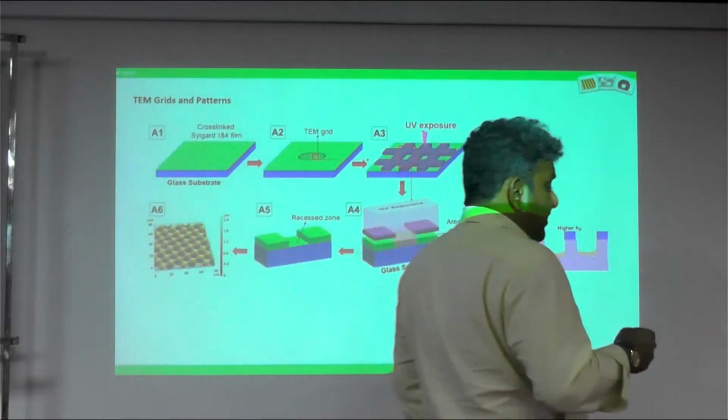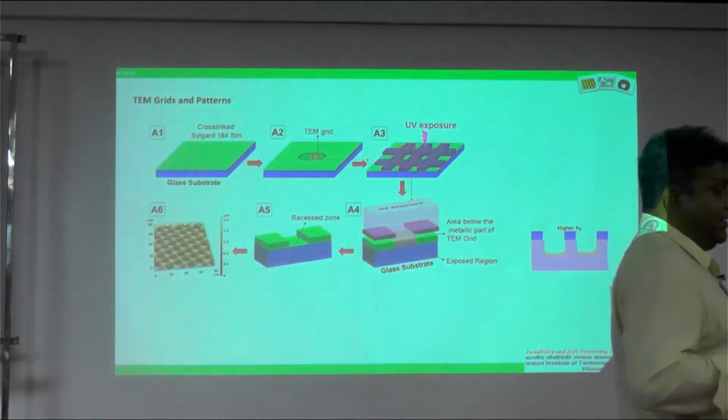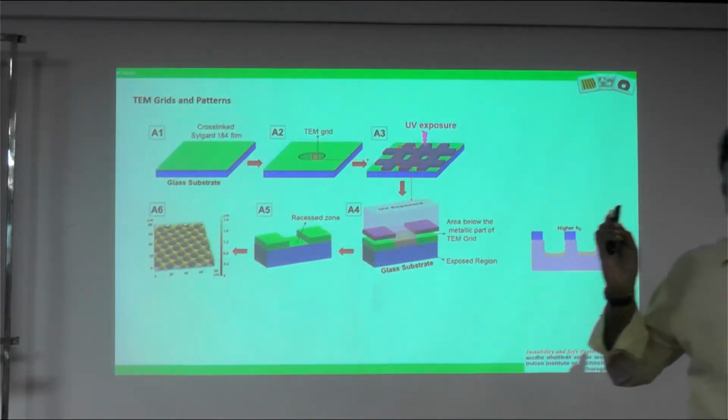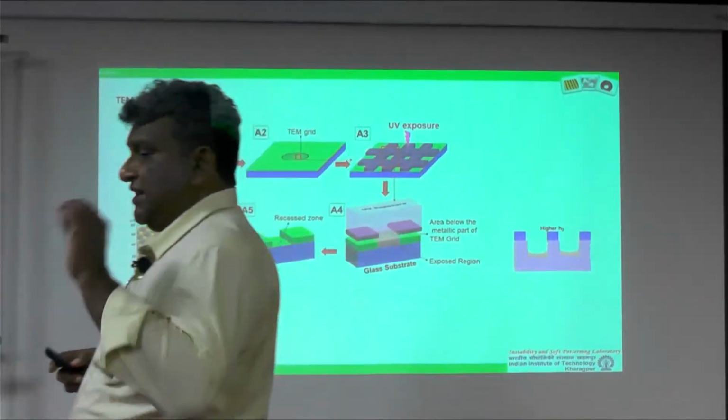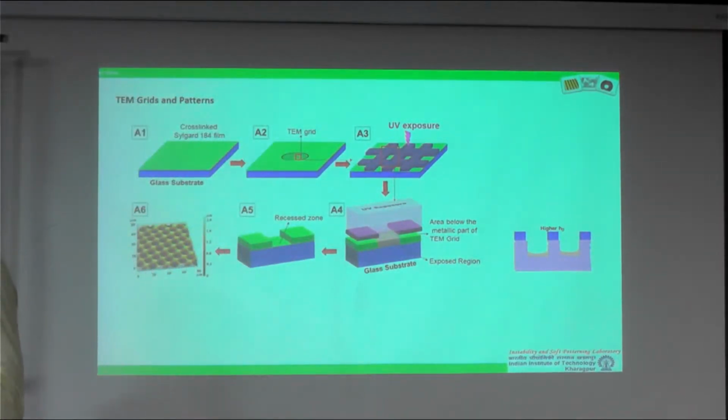And this ozone reacts rather violently with this polymeric material, leading to some oxide layer. Now this oxide layer is also associated with some compaction. So these zones below the grid do not get surface oxidation, but the areas that are exposed are subject to surface oxidation.